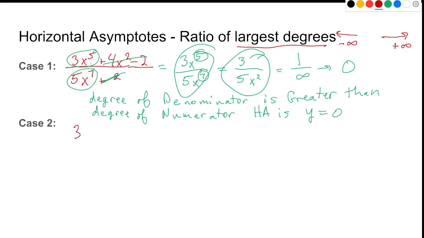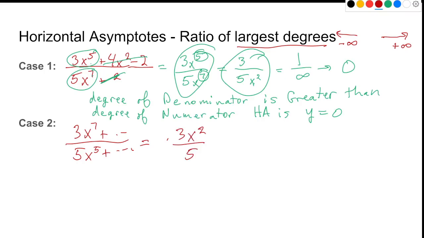What if we had, I don't know, 3x to the 7th over, let's just leave it 5x to the 5th. And we could have other stuff in here. We don't really care what else is in there, remember, because if these are the largest degrees, that's all we've got to worry about. What we're going to see is that this will reduce down to 5 from 7 is 2, so it's 3x squared over 5.